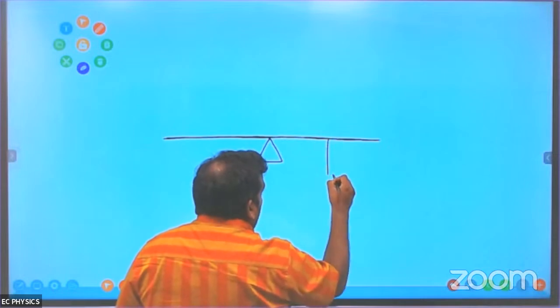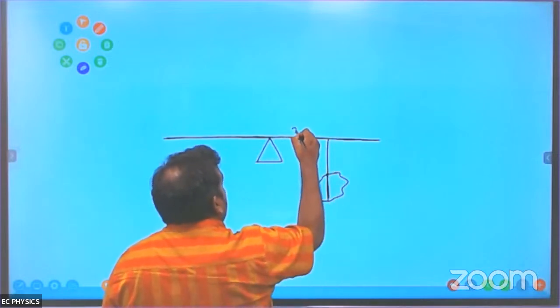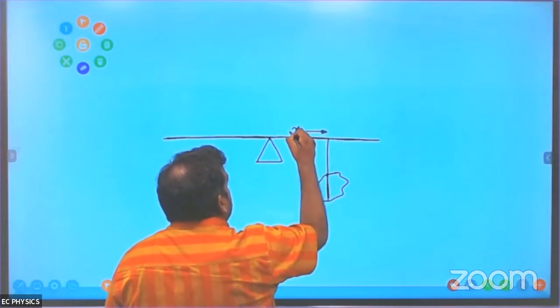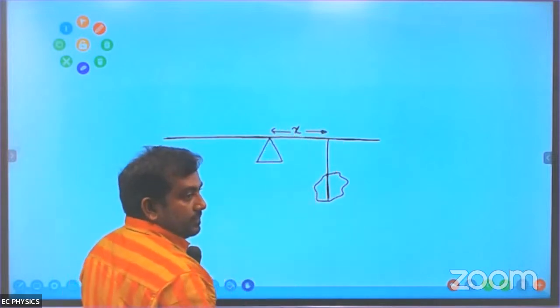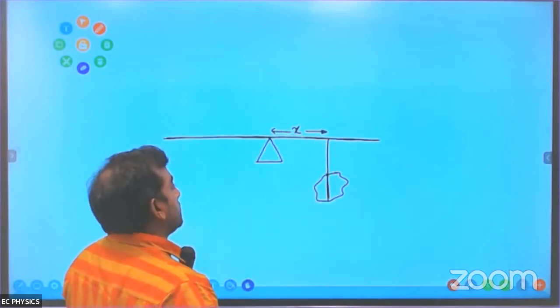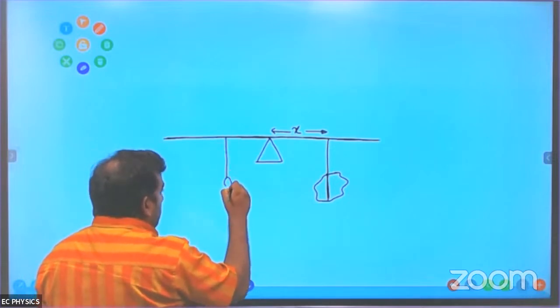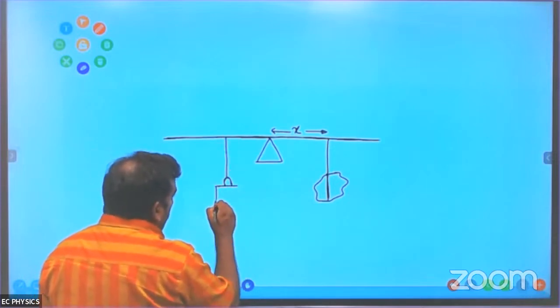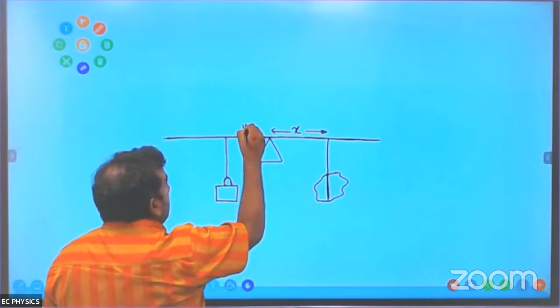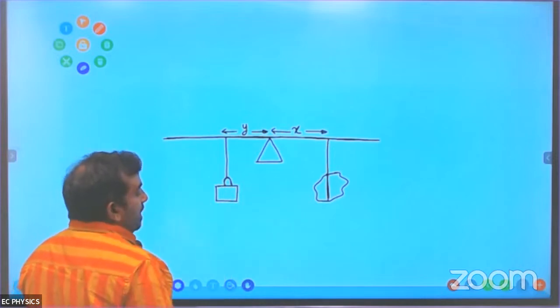To hang an unknown weight at a distance x. So this will create a moment in the anti-clockwise direction. Then you hang a known weight such that it is balanced.